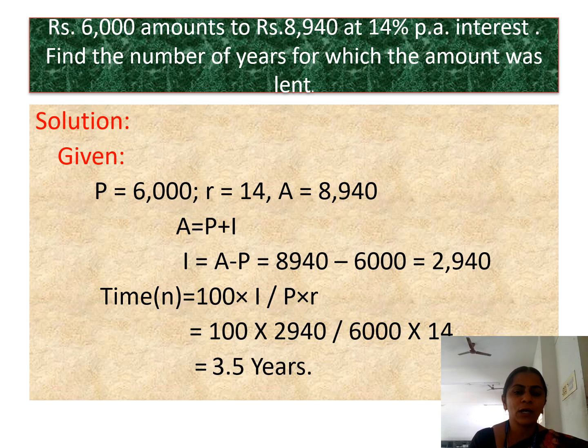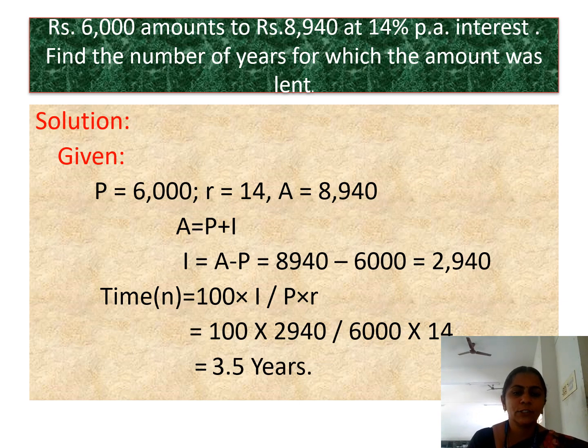In this formula we have to calculate interest. Interest is equal to A minus P, which is 8,940 minus 6,000. Subtracting these two values, we get interest is equal to 2,940.